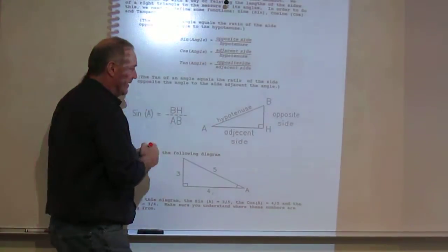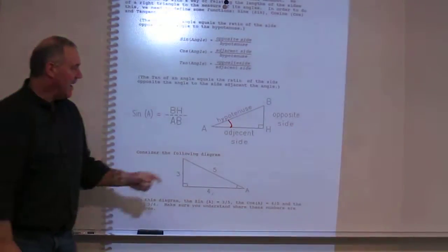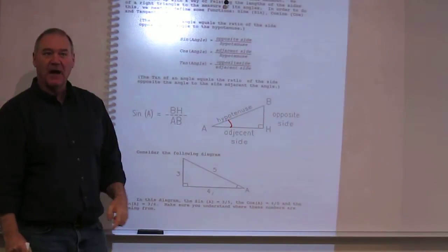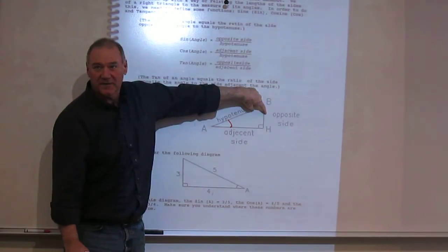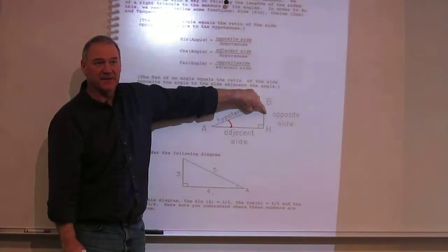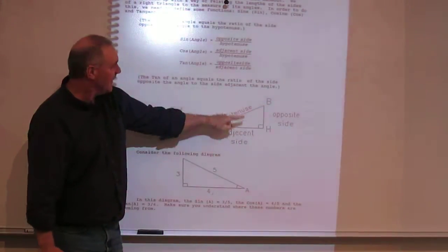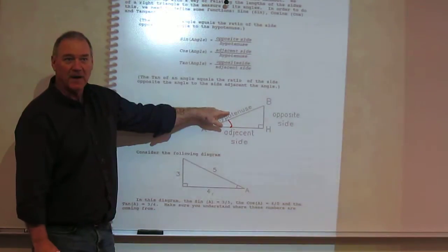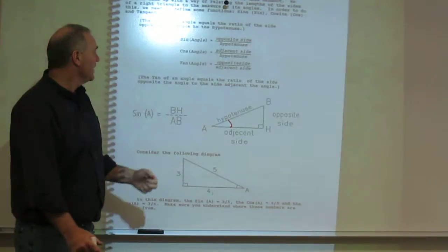Now, if I'm also dealing with this angle right here, and I don't have this information, I can use a different relationship, because that's only one of the possible combinations of these sides. Remember, these are all connected. If I know this one and this one, I should still be able to figure out that angle, because that's going to dictate the other side.